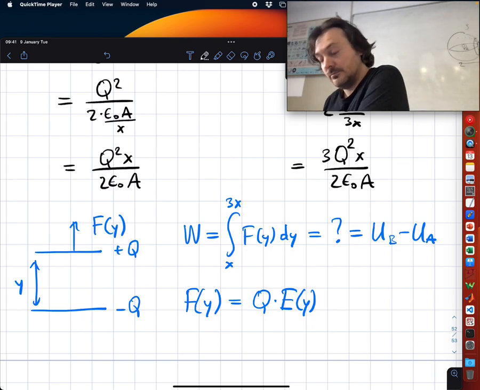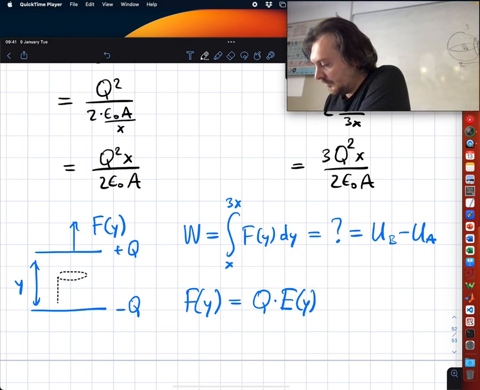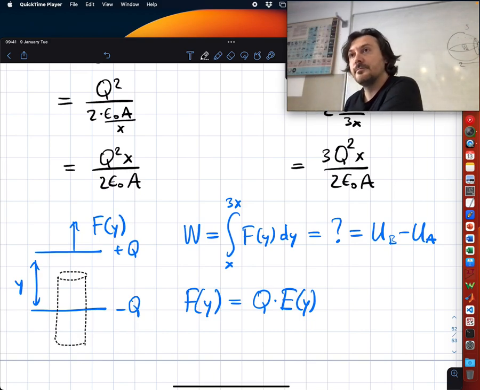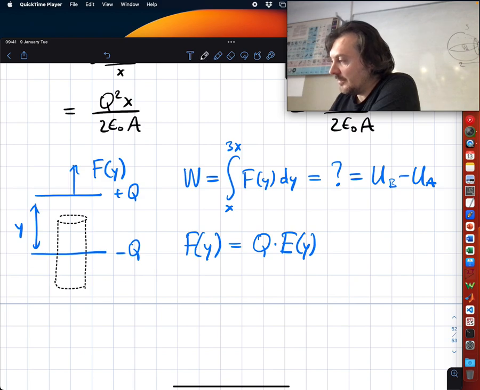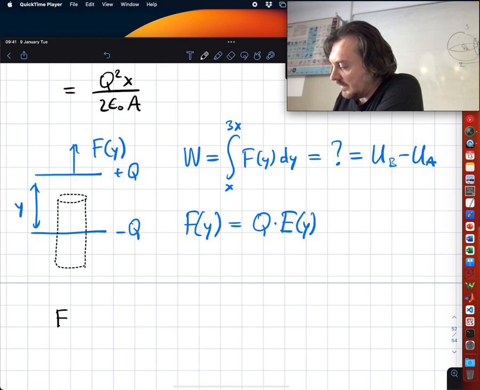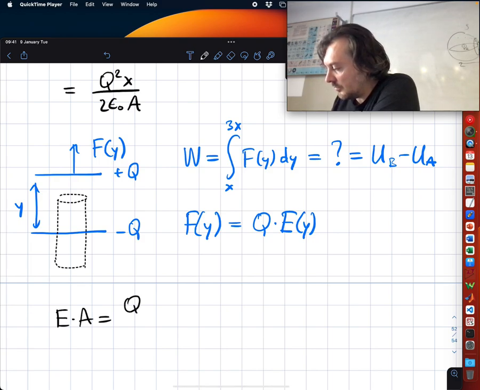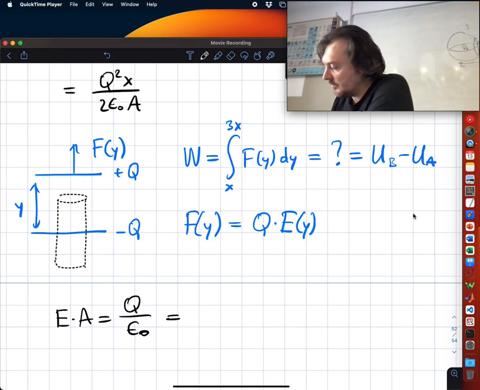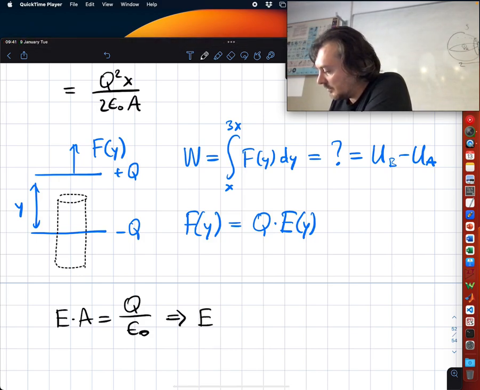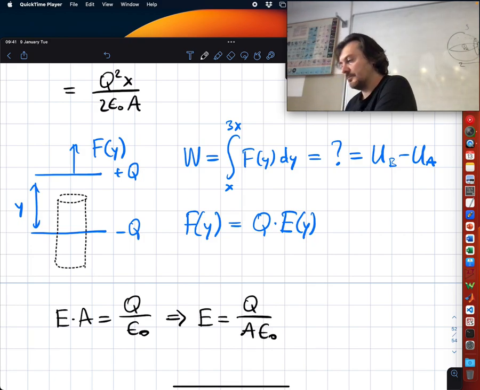Around minus Q. Very well. So you are doing E times A equals Q over epsilon 0, so E is equal to Q over A epsilon 0.